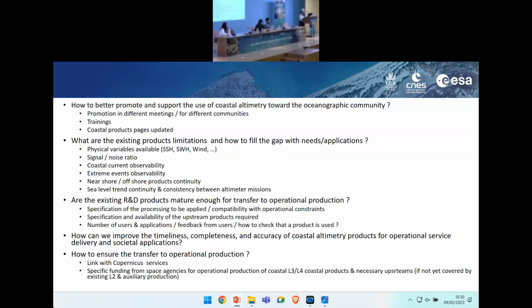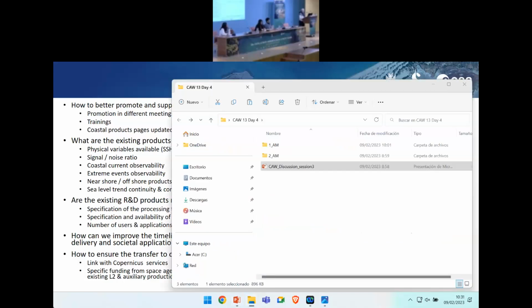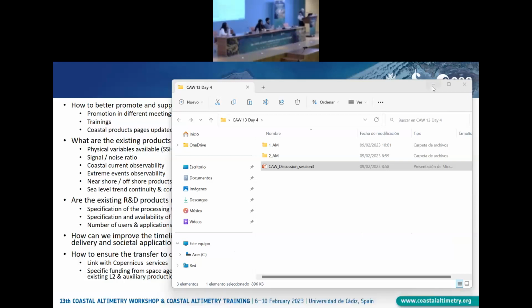So better communication, yes, a link with Copernicus services, and most importantly, having the people who are responsible for generating those products involved in the R&D from the very start, for that particular coastal product.